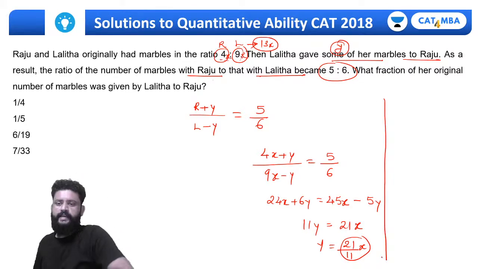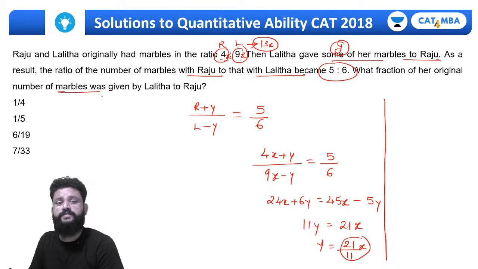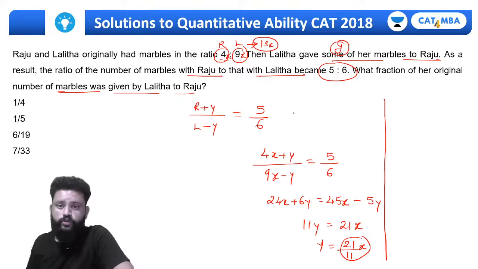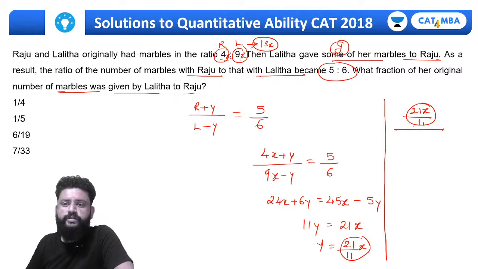Now after this you should understand what fraction of her original marbles was given by Lalita to Raju. So what fraction of the marbles she had did Lalita give to Raju? 21x by 11 of her marbles is given to Raju. And what was the fraction?